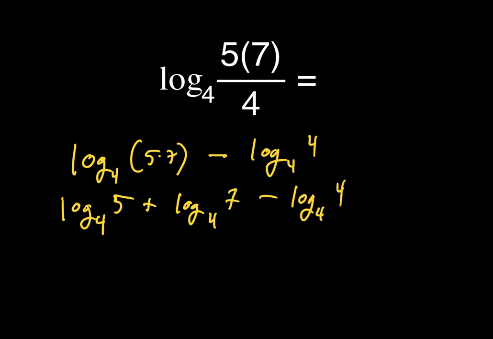And at that point, you could be done unless you recognized, which is possible. So log base 4 of 5, we don't know what that is. 4 to what power is 5? Ugh, that's not an easy one to do. Log base 4 of 7, also, we don't know. But 4 to what power is 4? 1. 4 to the first power.